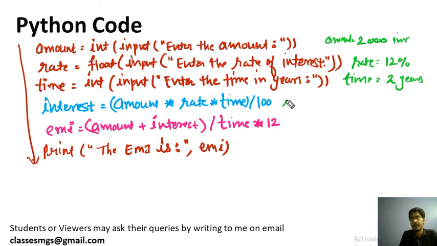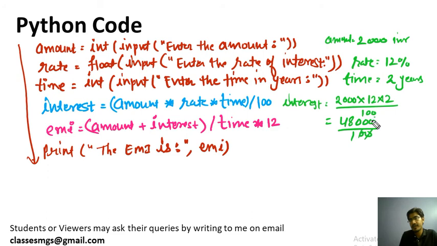Now we will calculate the interest. Interest will be what? 2000 into 12 into 2 divided by 100, that is 48000 divided by 100, so the interest is 480 rupees.